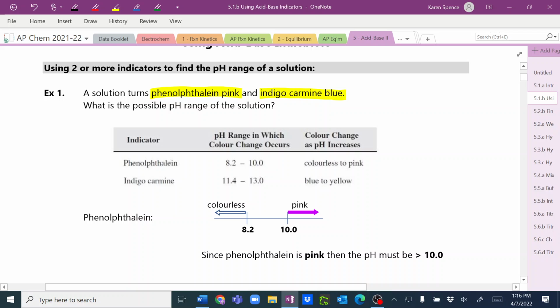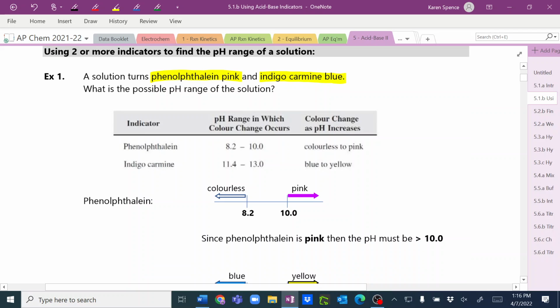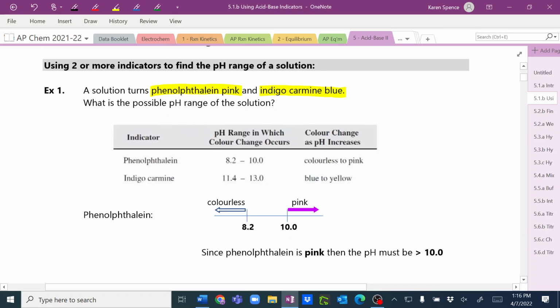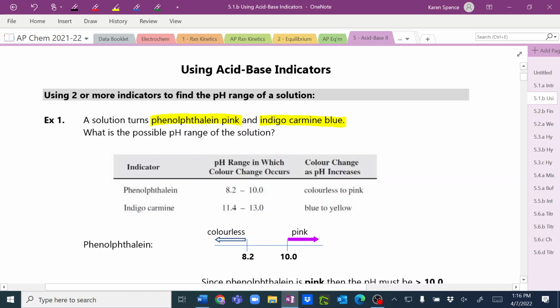Well, if we know that phenolphthalein is pink, what do we know about the pH? We know that the pH has to be greater than 10.